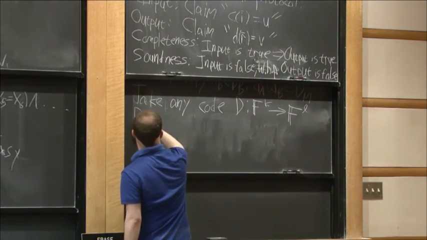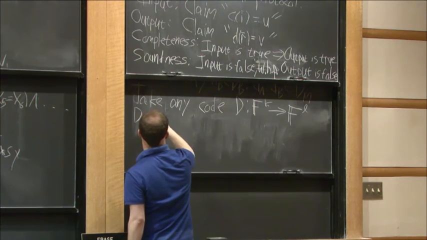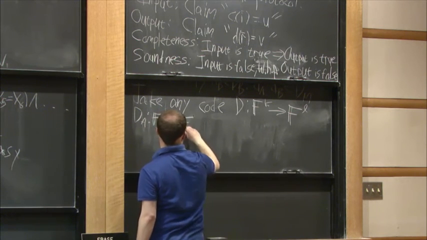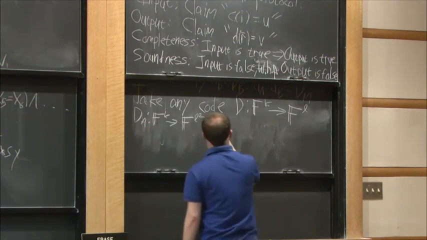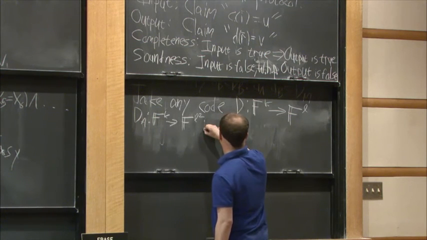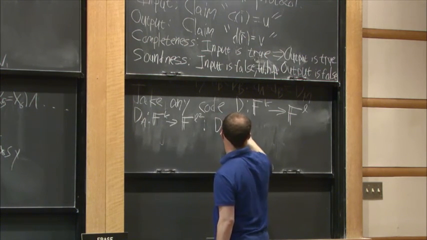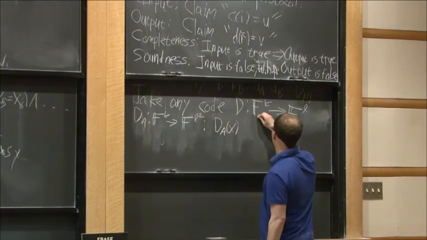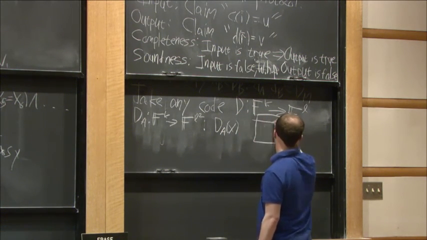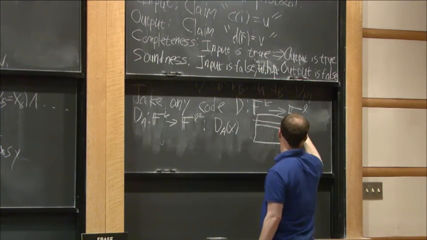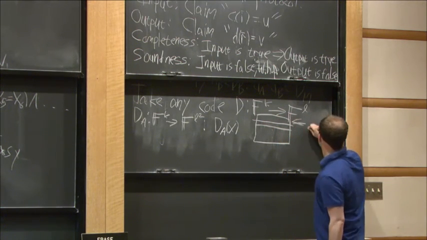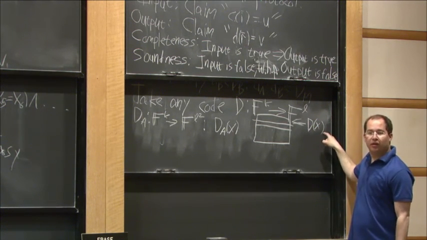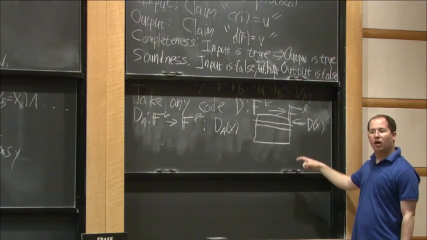D to the a would be from F to the k to F to the l squared, and is defined as follows. It maps a message X to an L by L matrix, all of whose rows are D of X. We just write D of X in a matrix many L times.